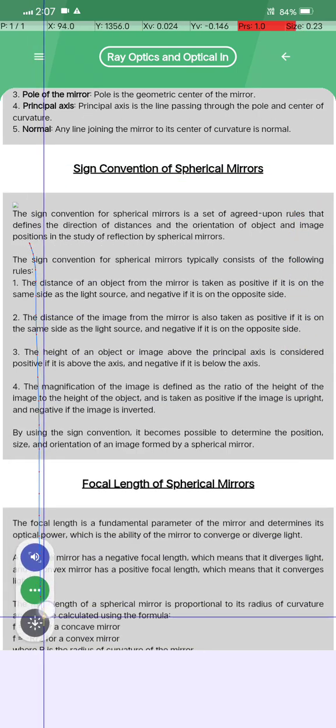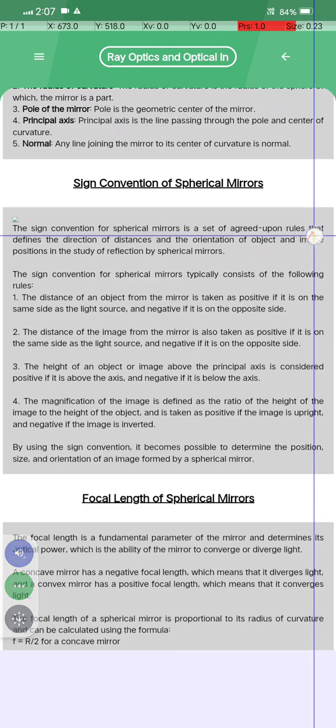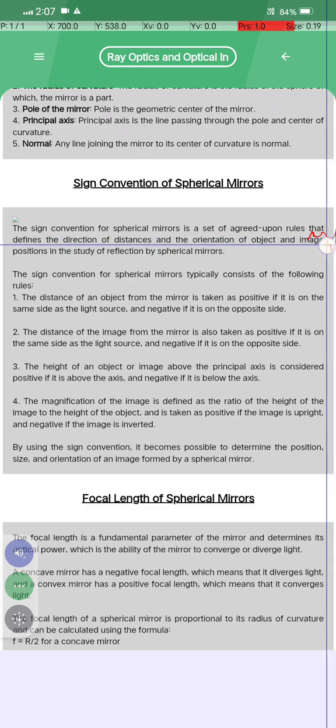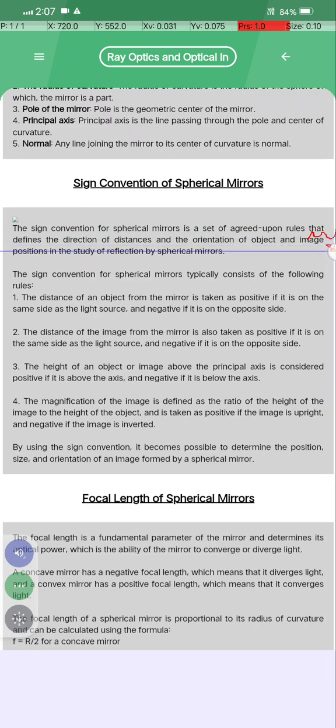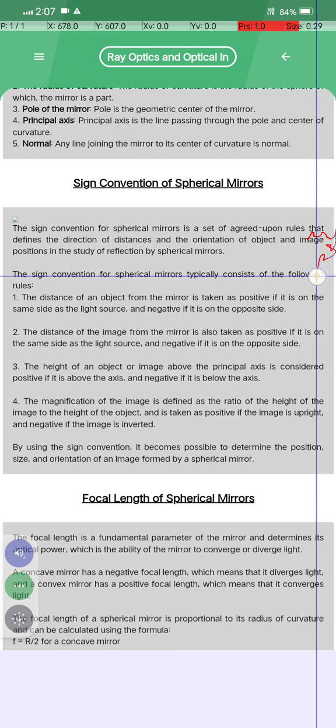What is sign convention? The sign convention for a spherical mirror is a set of agreed-upon rules that define the direction of distances and the orientation of object and image positions in the study of reflection by spherical mirrors.